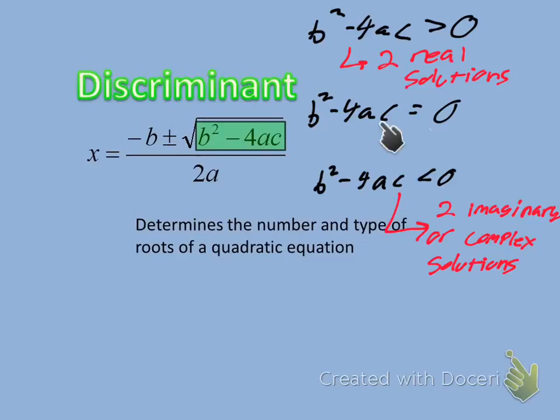What about when the discriminant equals 0? I don't remember what that answer was. Anybody remember?